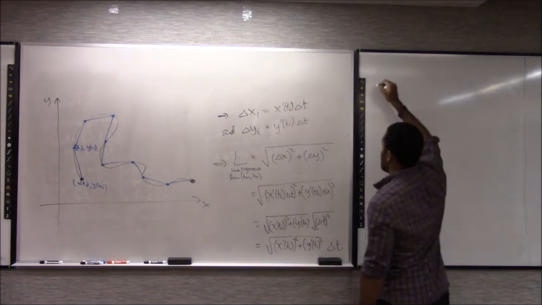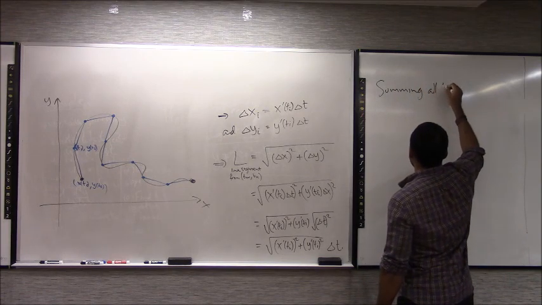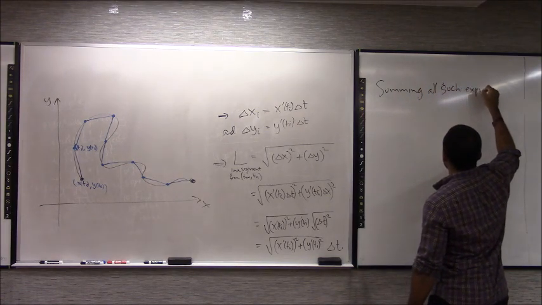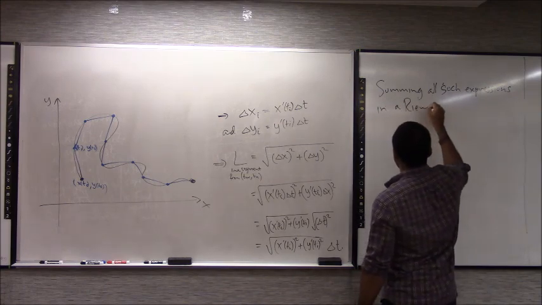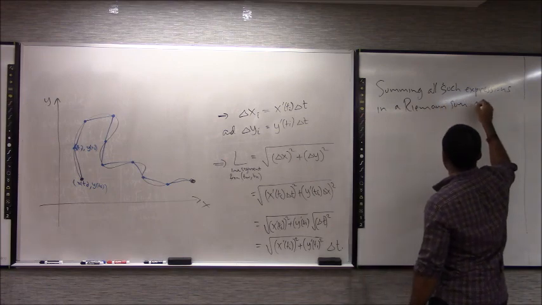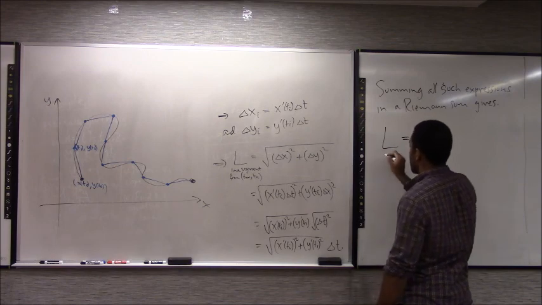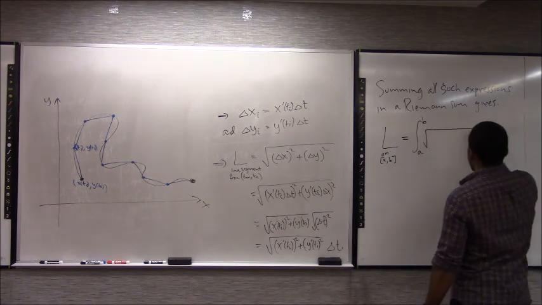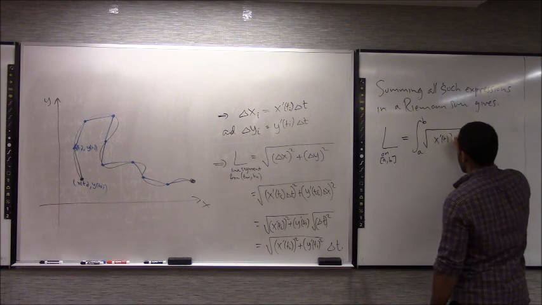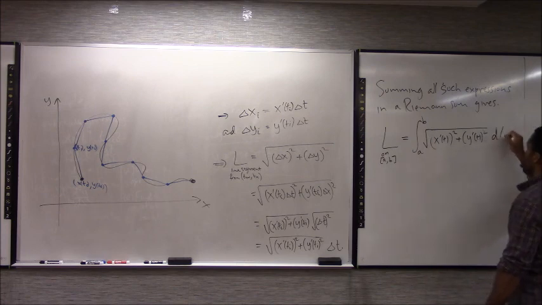And ultimately, summing these in a Riemann sum gives the fact that the entire length of the curve on the entire interval [a, b] is given by the integral from a to b of the square root of x prime of t squared plus y prime of t squared, dt.